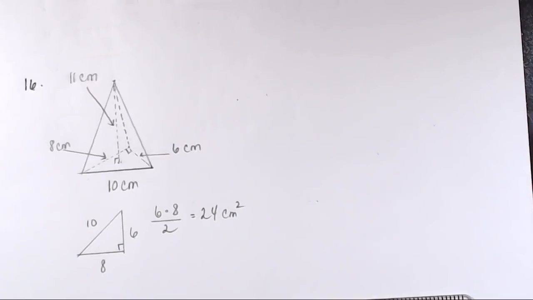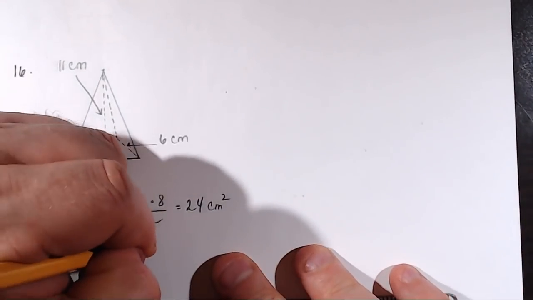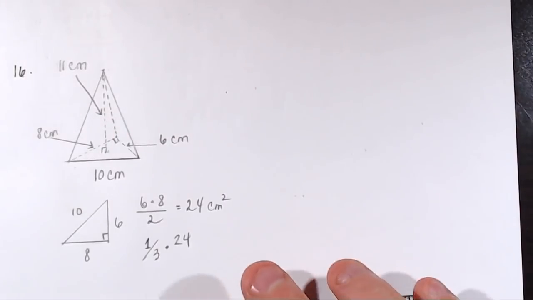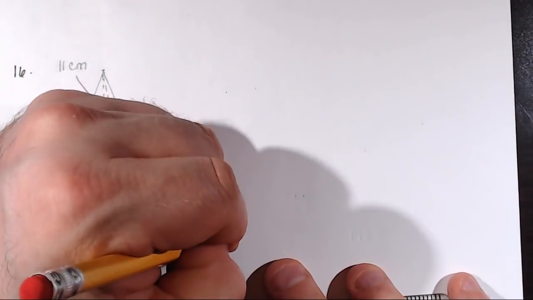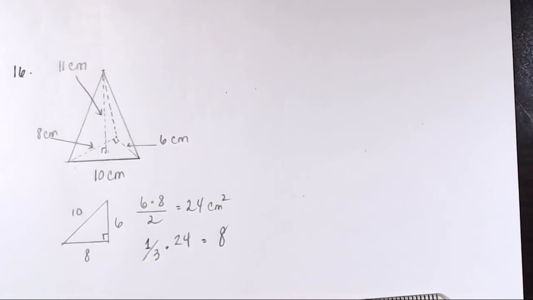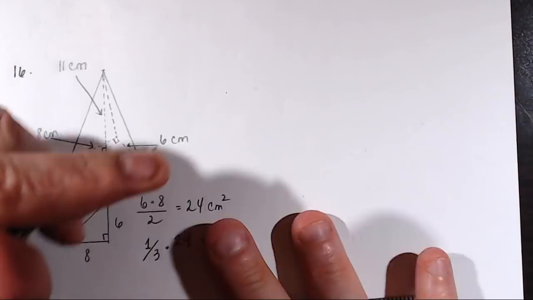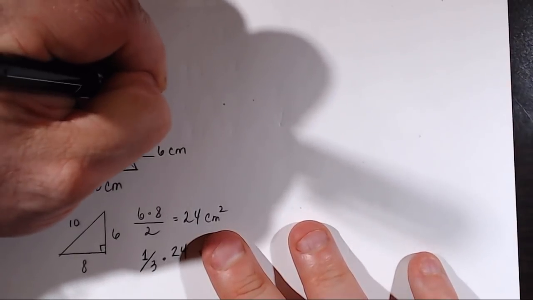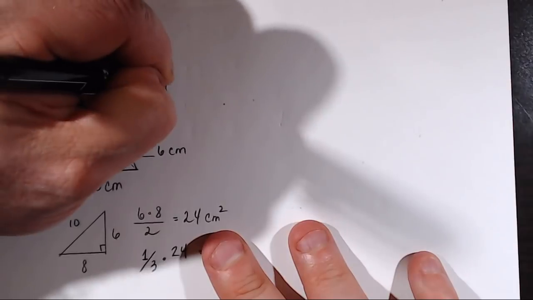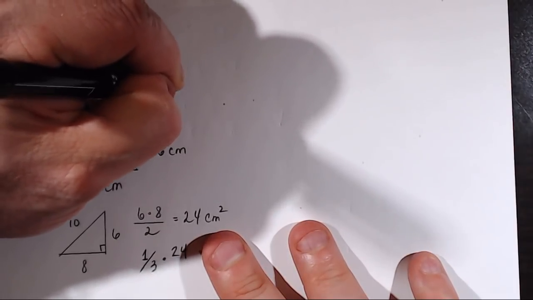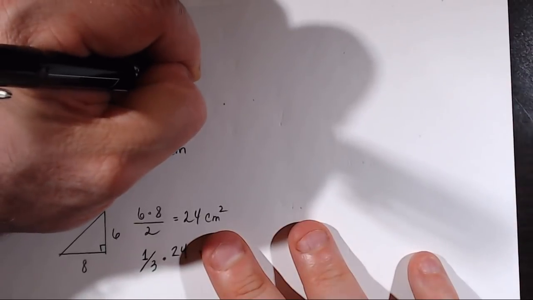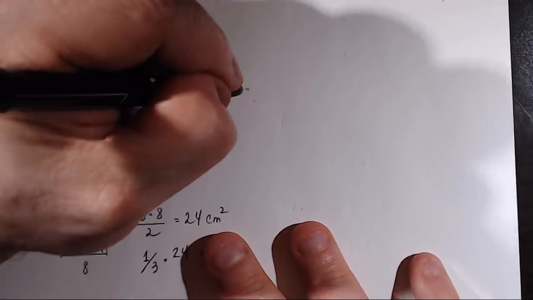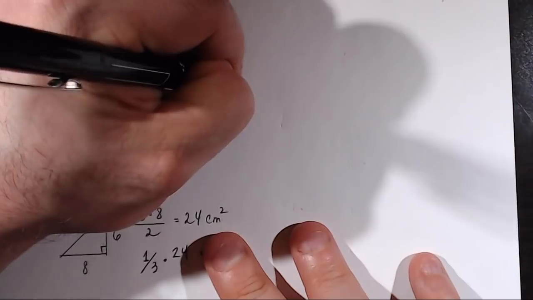Now I'm going to multiply that times 1/3. So now we'll take 1/3 times 24. And that's just 24 divided by 3, so that's 8. Okay? Because the formula I'm trying to put in here is volume equals 1/3 times the area of the base times height.